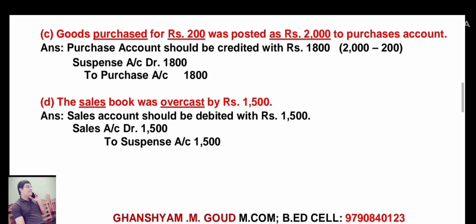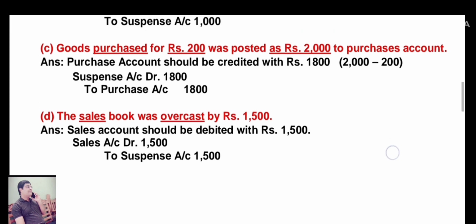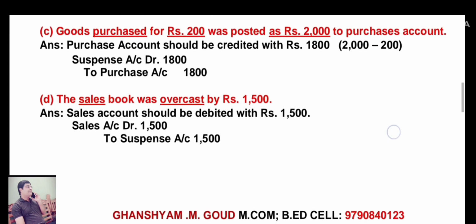Normally purchase is a debit balance, but the opposite of debit is credit. So the answer is purchase account should be credited with rupees 1800, because originally we have to write 200, and 2000 minus 200 is 1800, which we wrote in excess. So we have to write the amount of only 1800. So suspense account debit 1800 to purchases account 1800.